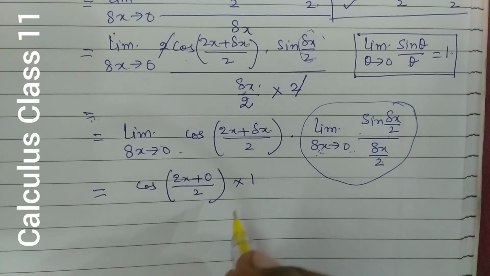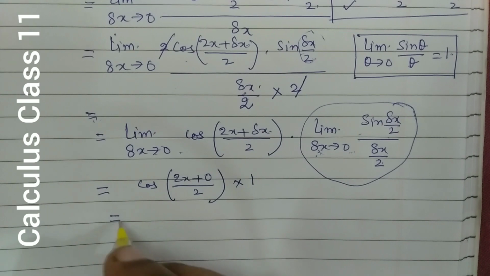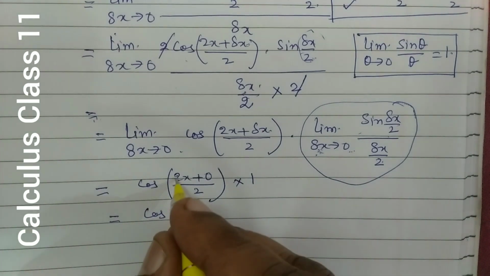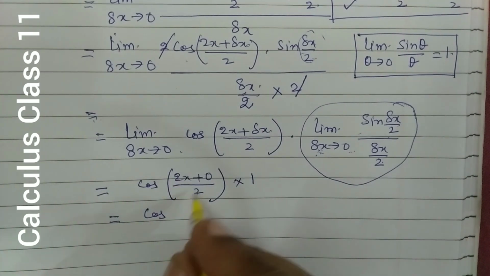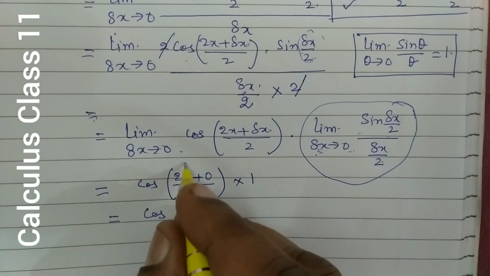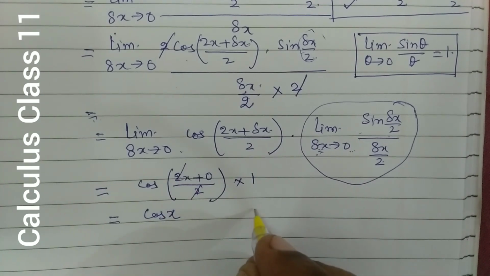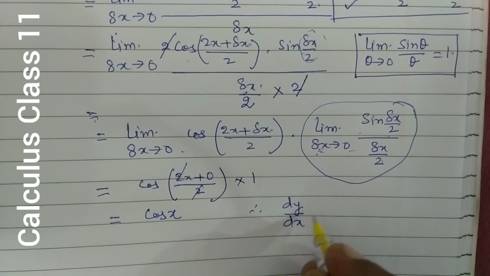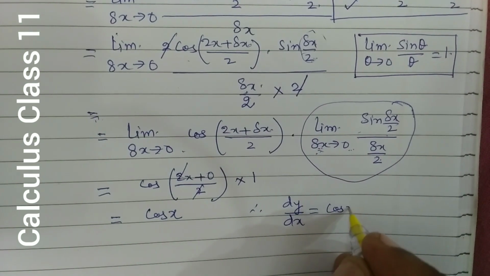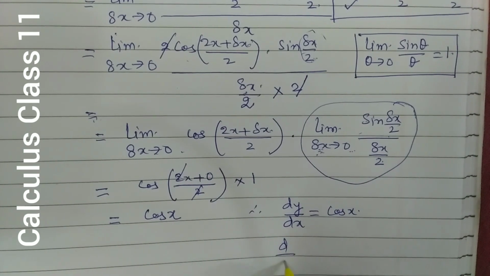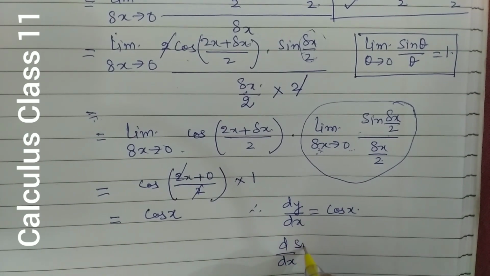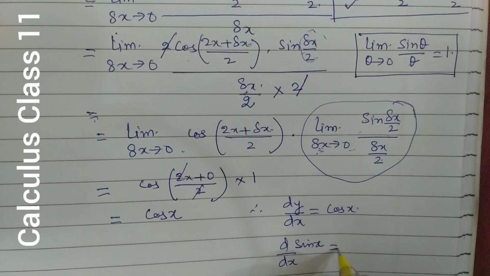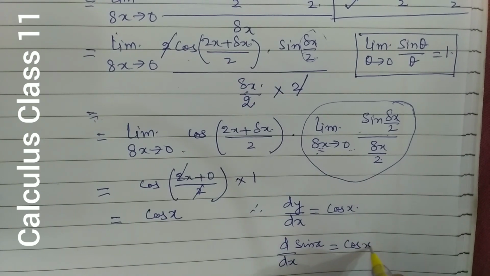So it is equal to cos 2x upon 2, and the 2 and 2 cancel out. So cos x. It means that dy by dx is equal to cos x. So the differential coefficient of sin x with respect to x is equal to cos x.